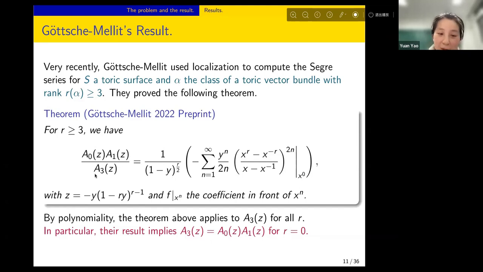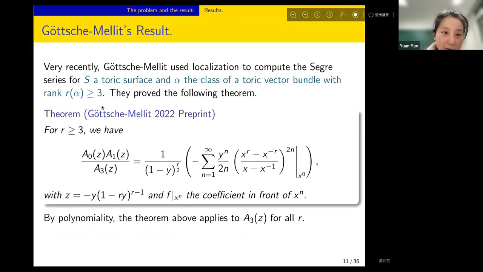They actually give all the formulas for all ranks, right? Okay, but still, I will talk about my results, because we have a different method. They do this localization and they compute this Segre series for the positive rank case.